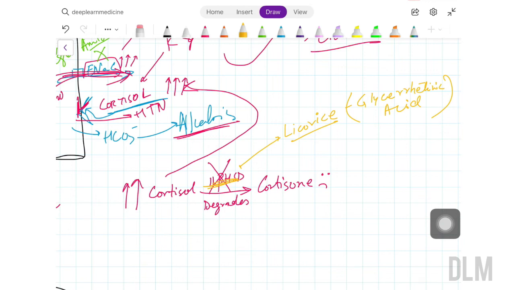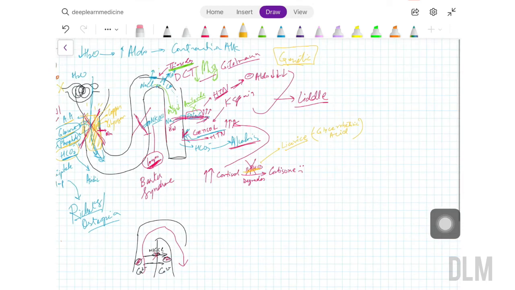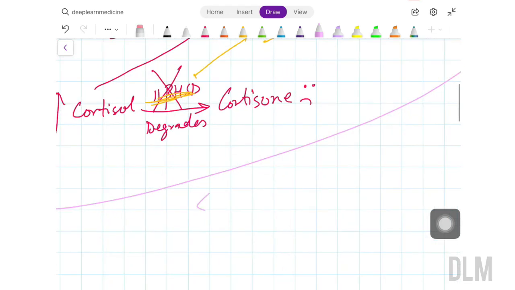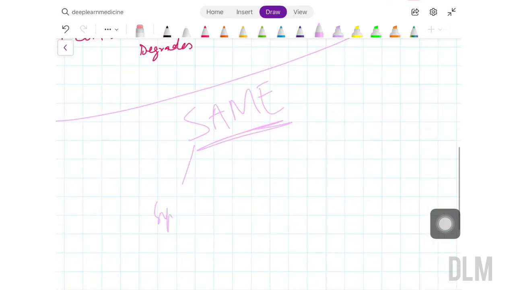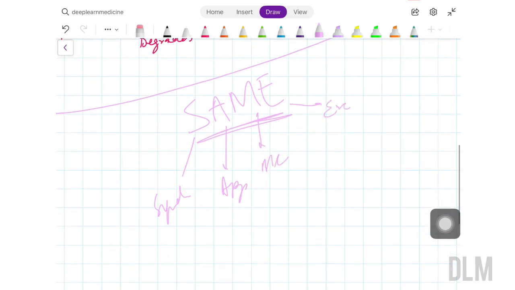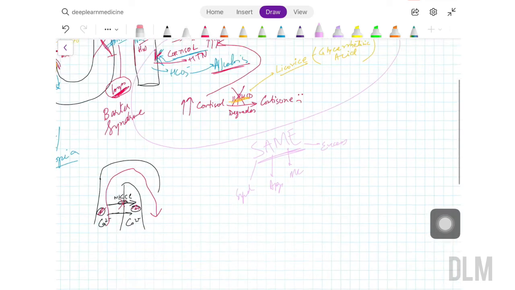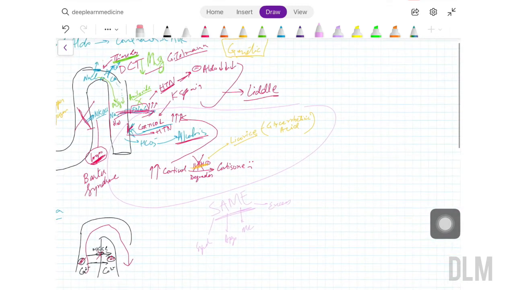Now, this entire paradigm, this entire defect, I'll call the SAME axis. Great name, right? SAME stands for Syndrome of Apparent Mineralocorticoid Excess. Okay, so what would you expect the aldosterone levels to be in this case?